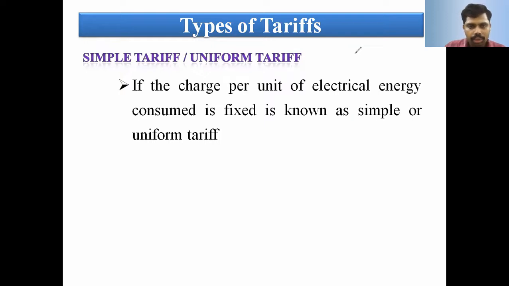It is not applicable for industrial consumers. And one more thing, this simple tariff is applicable only for the rural background. They utilize on an average in a month 25 to 30 units or less than 50 units. For those particular places the simple tariff is applicable.